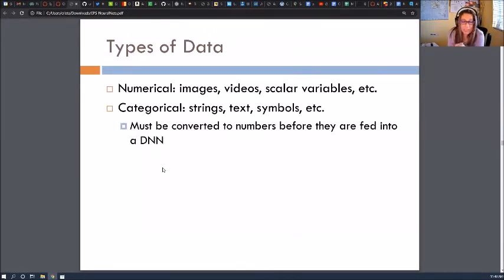The types of data that these problems target are images, videos, scalar variables, even categorical types like strings, text, symbols. All of these must be converted to numbers before they are fed into the DNN.